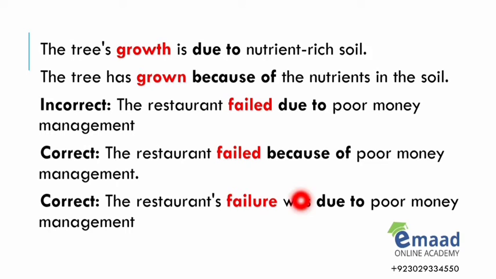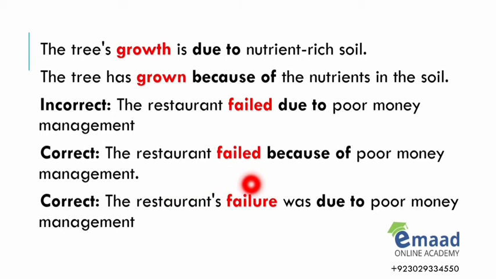Here is another correction for this sentence. The restaurant's failure was due to poor money management. Now we have used the expression due to, but it is modifying the noun failure. Failure is a noun and fail or failed is the verb. Failure is an abstract noun abstracted from the verb fail.